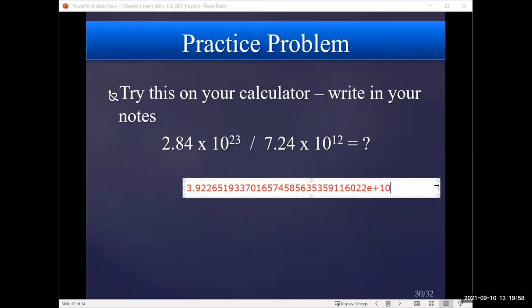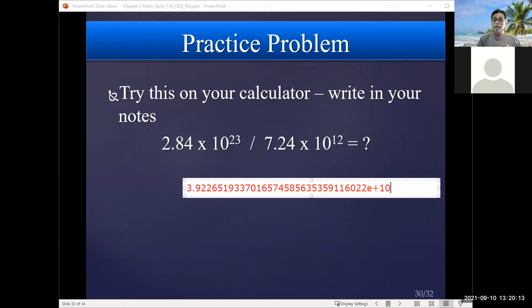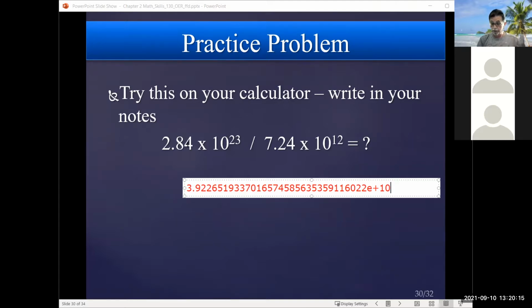Now, here we have to keep track of our sig figs. How many sig figs does 2.84 times 10 to the 23rd have? Three. Okay, you're correct. And how about 7.24 times 10 to the 12th? Three as well. Exactly.